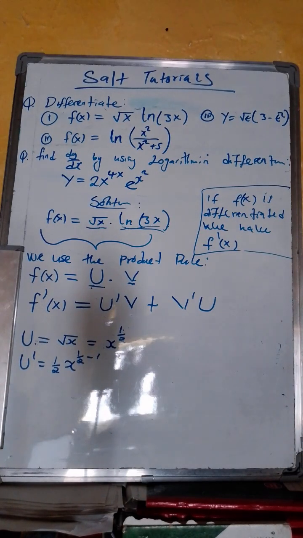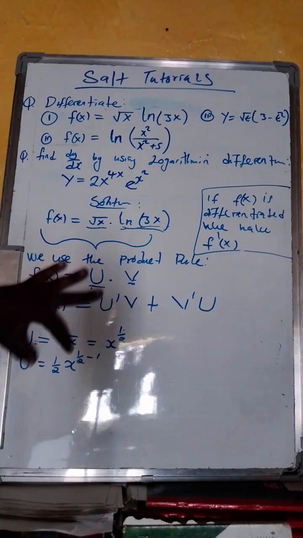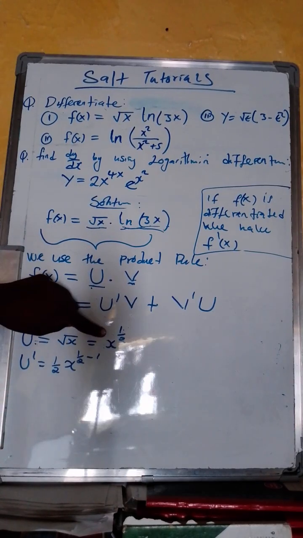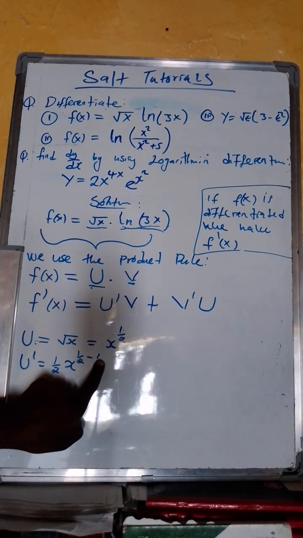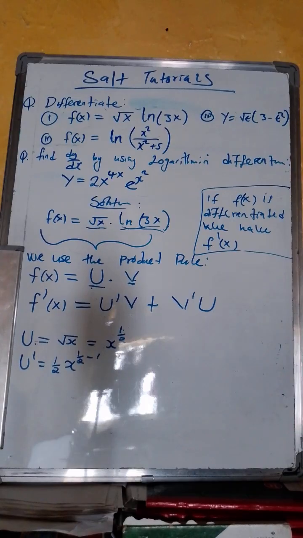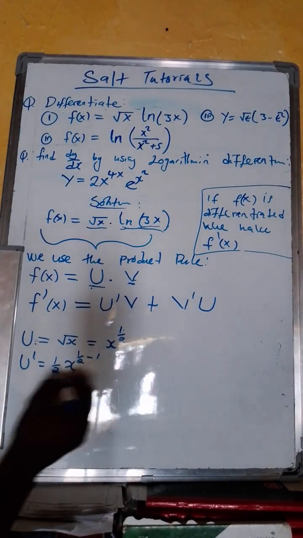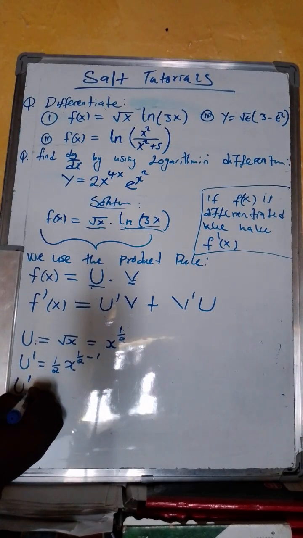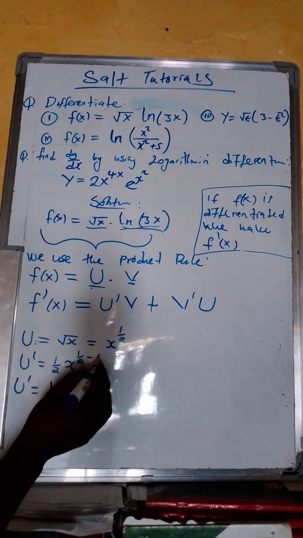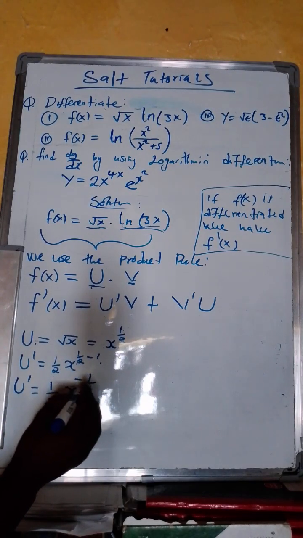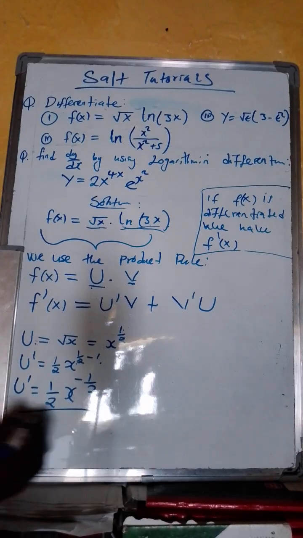For any polynomial function, the power drops down and the same power decreases by 1. So u prime is equal to 1 over 2 x to the power of 1 over 2 minus 1, which is negative 1 over 2. This is my u prime.